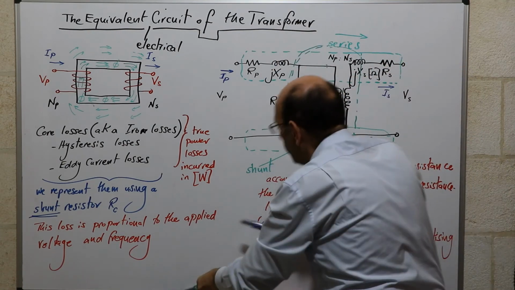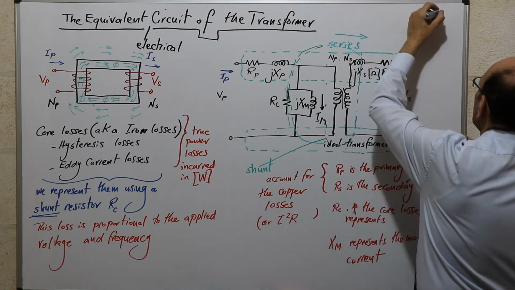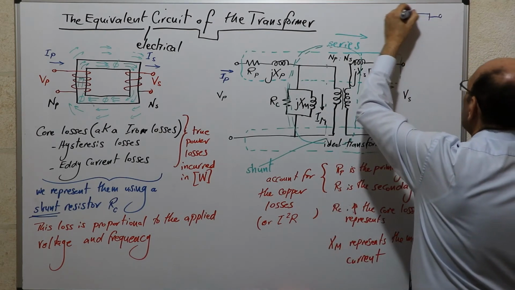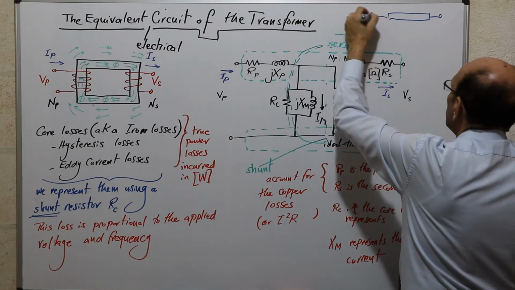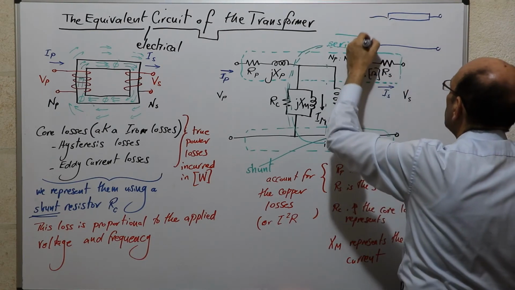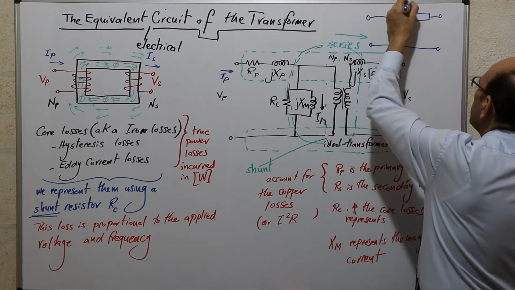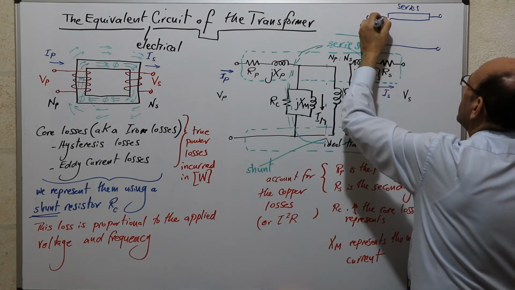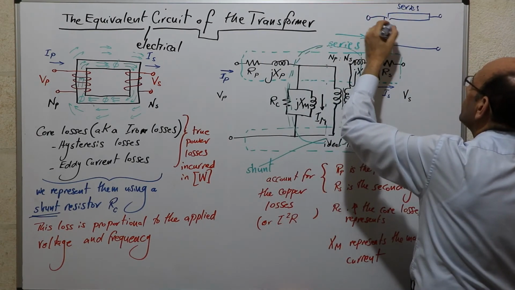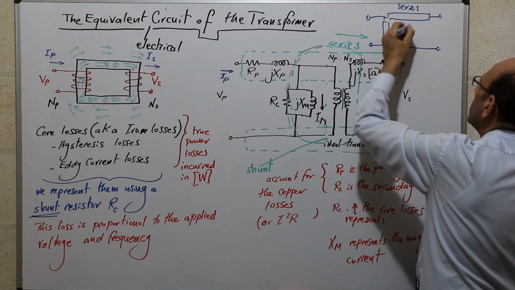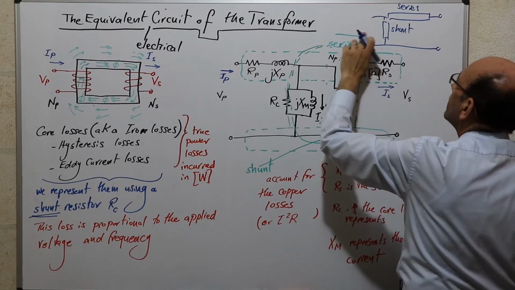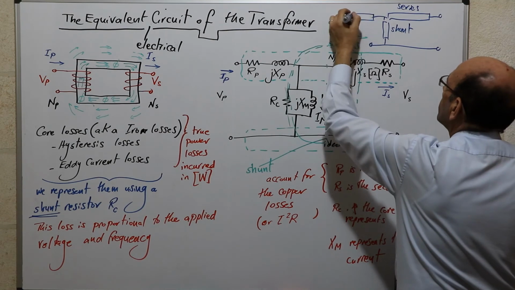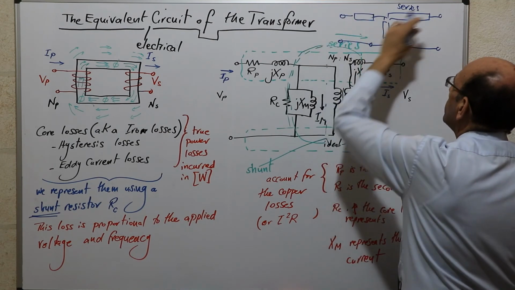It is effectively as if we're saying that the transformer is made of a series part, which is this, and a shunt part, which is this. And to complete the analogy, we will put another series component.